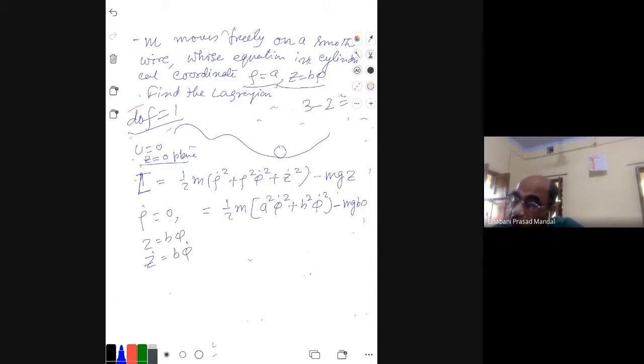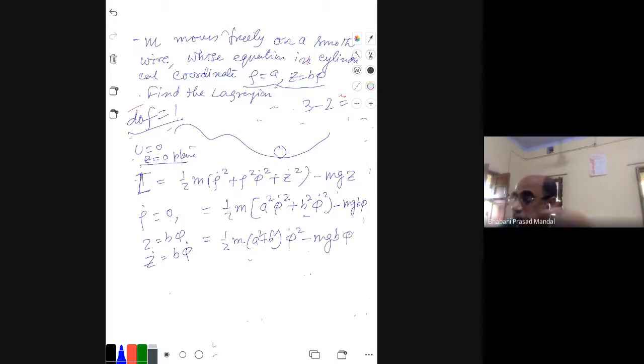One variable. Everybody see that 1 degree of freedom, the Lagrangian has one variable, phi. So I substituted z equal to b phi and also rho, so I eliminated 2 degrees of freedom. So my Lagrangian will be half m, a square plus b square, phi dot square, minus mgb phi.